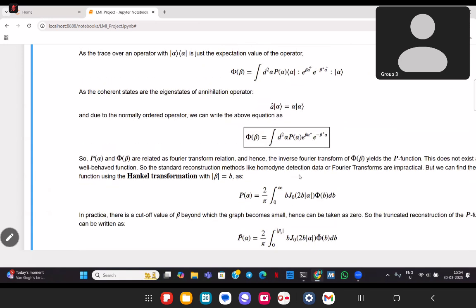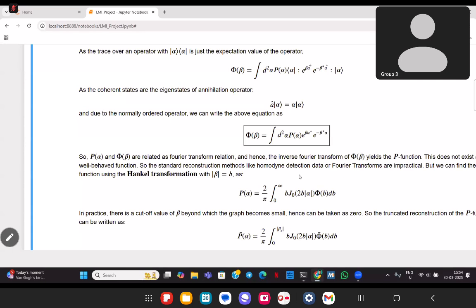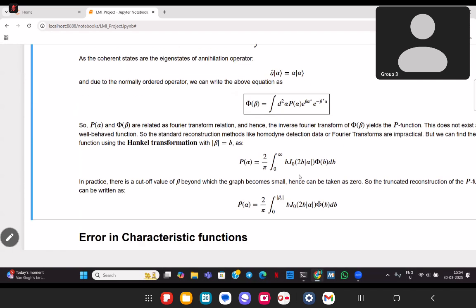Now in the radial case of 2D systems, it reduces to the Hankel transform, where the Hankel transform is given by this relation. After obtaining phi of beta from our experimental determination of quadratures, we will find the P of alpha.